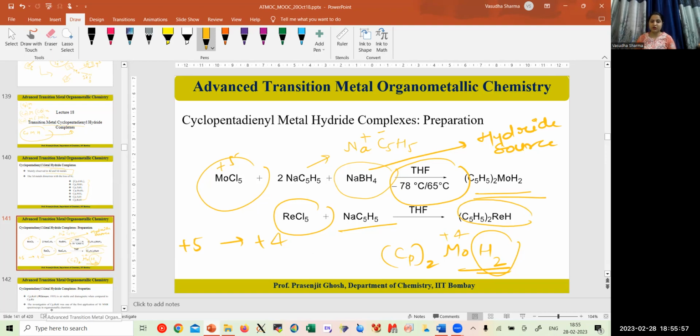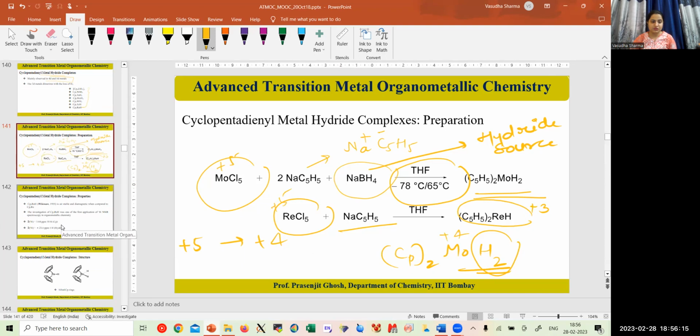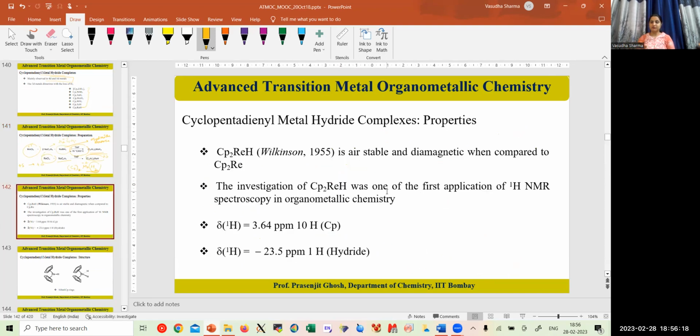So this has gone from +5 to +3. NaC5H5, sodium cyclopentadienyl salt, is itself a reducing agent, but when we have sodium borohydride, that requires certain low temperature conditions.